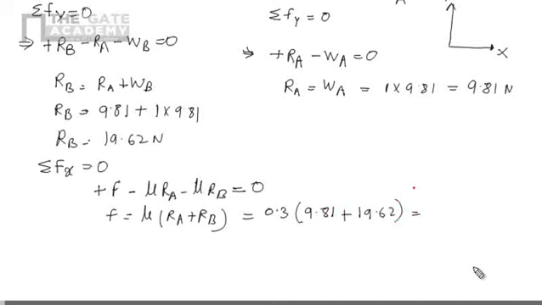If we add 9.81 with 19.62, we get 29.43, and if we multiply 29.43 with 0.3, we get 8.829, or nearly 8.83 Newton. So the correct answer for this problem will be 8.83 Newton.